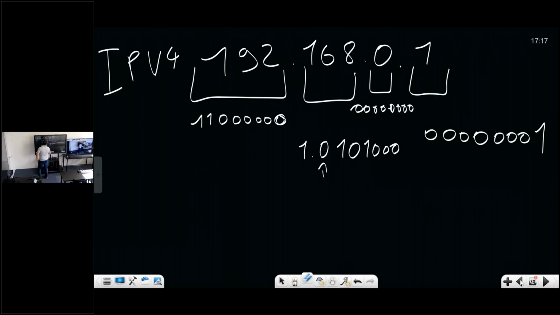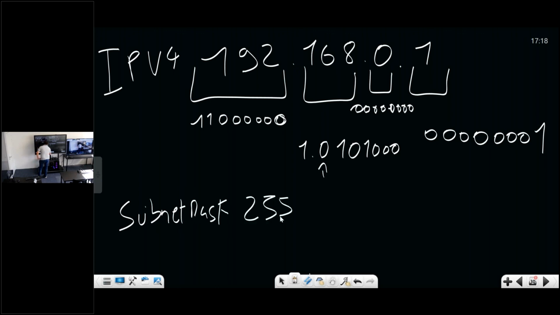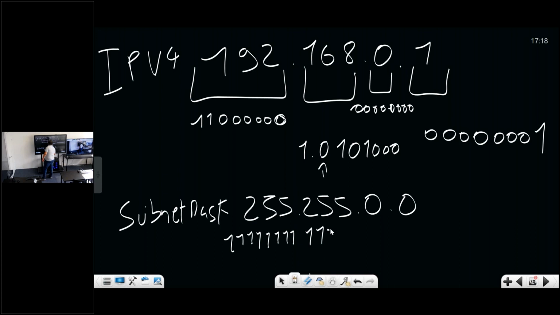Here I use my subnet mask, 255.255.0.0. So here it will be 1, 1, 1, 1, 1, 1, 1, 1 for the first byte, the same for the second, then 0, 0, 0, 0, 0, 0, 0, 0 for the third and fourth.